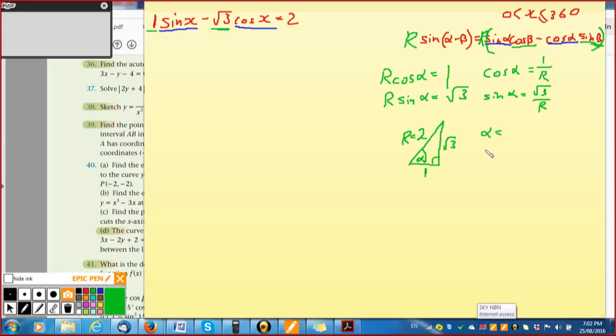Alpha is going to be equal to what angle? Have a look. Do these numbers look familiar? 1, 2, root 3. Oh, 60. Yeah, 60. So alpha is going to be pi on 3.